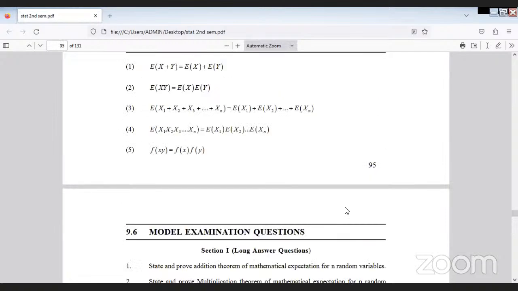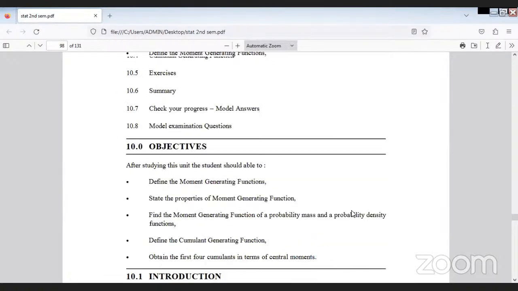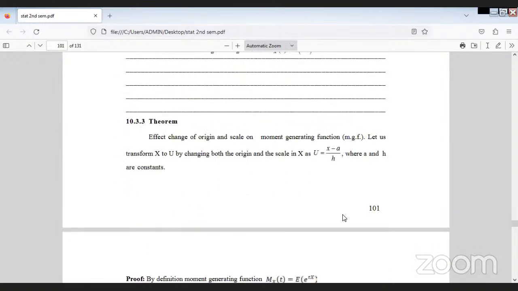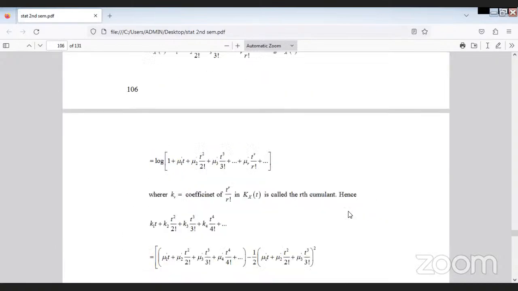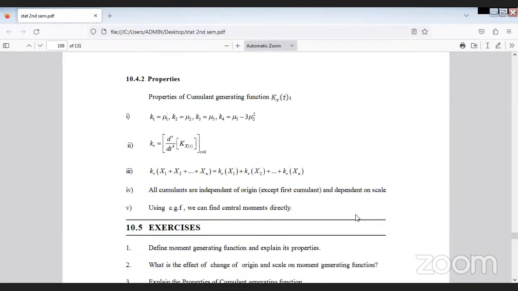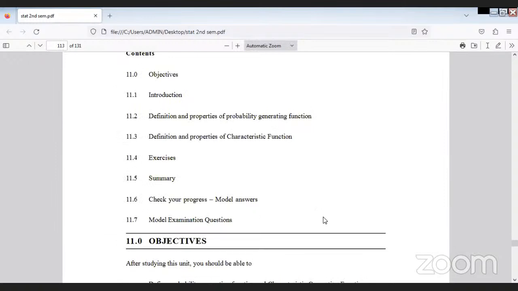Yes, sir. The cumulative functions and these proofs were yesterday. So today we will discuss the 11th unit, probability generating function.